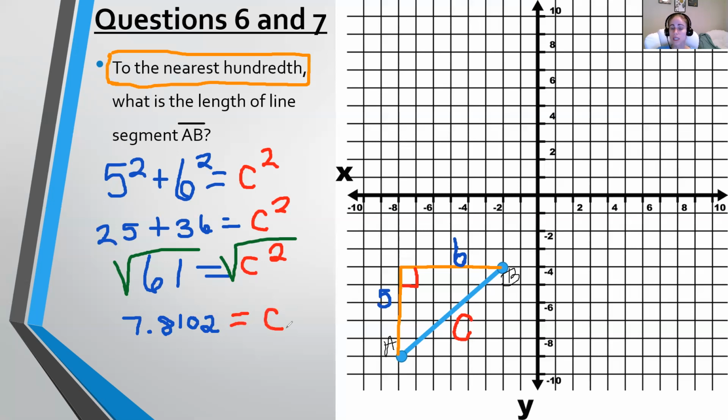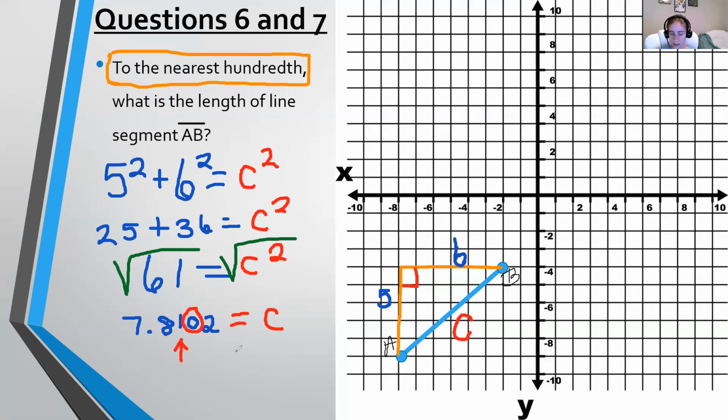Well, if we round to the nearest hundredth, that means 2 decimal places, because remember with decimals, we go tenths, hundredths, thousandths, etc. So we want to round to the nearest hundredth. That would be this second decimal point. In order to round to the second decimal point, we actually need to look at the third number. So we need to look in the thousandths place because that will tell us whether we round up and make it 7 and 82 hundredths, or whether we round down and it becomes 7 and 81 hundredths.